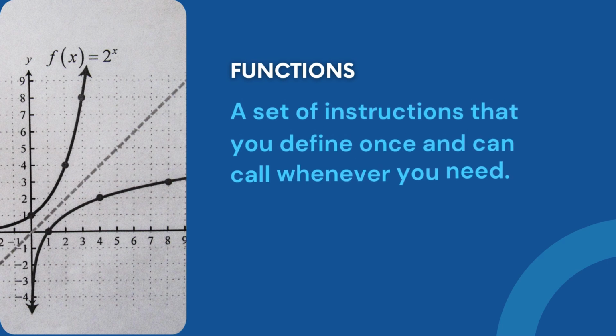A function is a set of instructions that you define once and can call whenever you need. Just like the waiter takes your order, runs the process in the kitchen, and brings back the result. A function takes inputs called parameters, processes them, and then gives you an output called the return value.